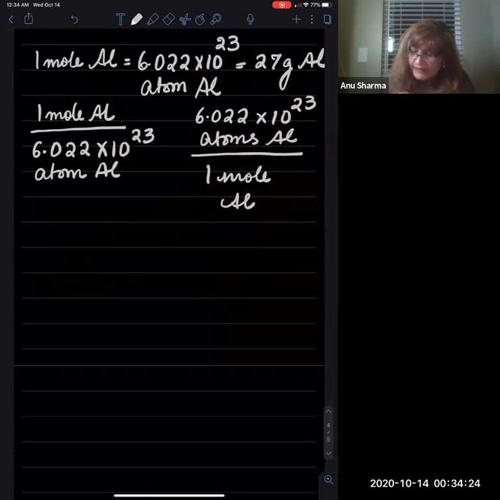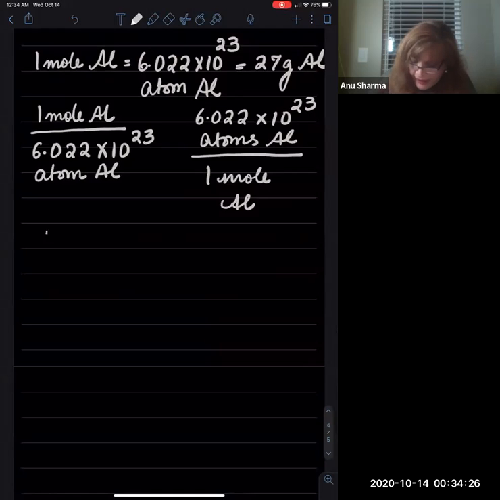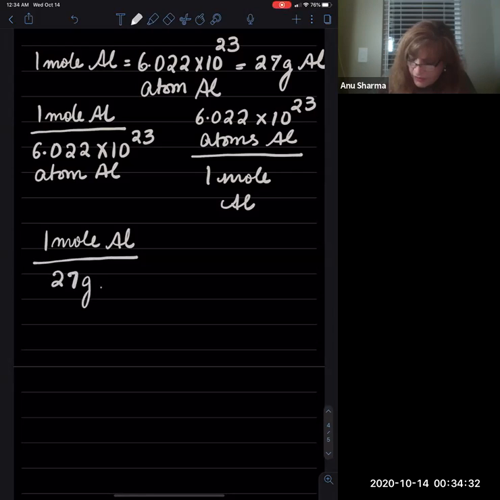Next, 1 mole of aluminum contains 27 grams of aluminum, or 27 grams of aluminum is present in 1 mole of aluminum.